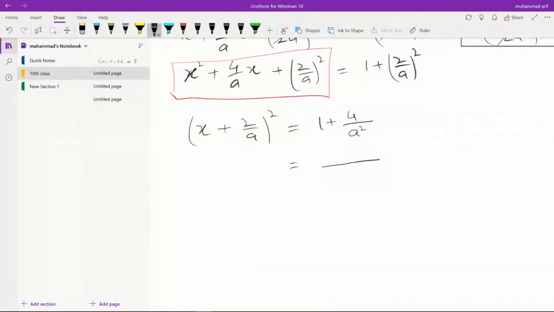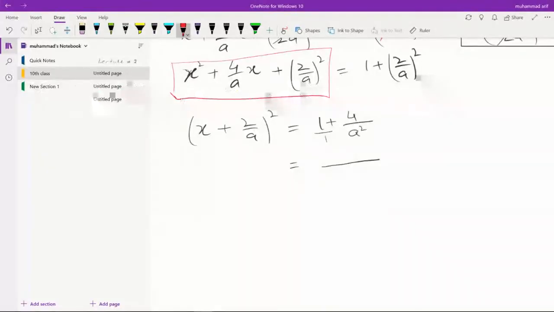After this, we simplify on right hand side. How can we simplify? By taking LCM. What is the LCM of a square and 1?